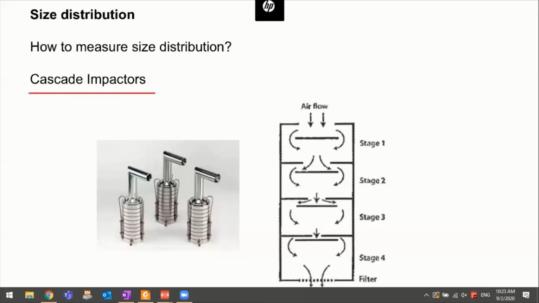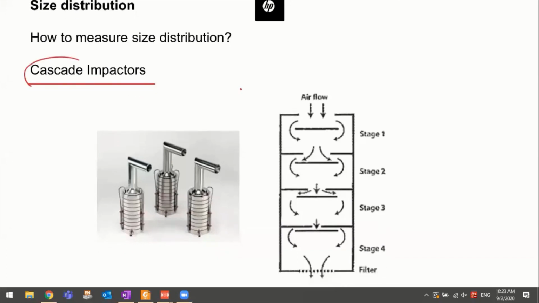So basically the cascade just means multiple stages. Okay, so for example, this impactor has 1, 2, 3, 4, 5, 6, 7, 8, 9, 10. It has 10 stages. Each of the stages is going to help you collect particles of a specific size.